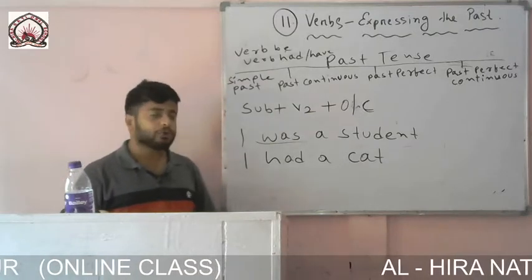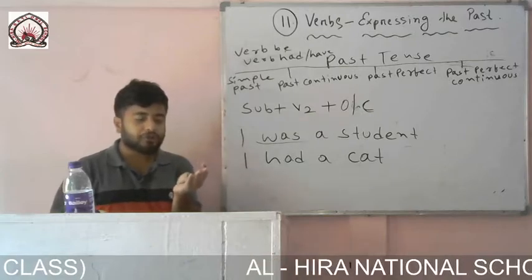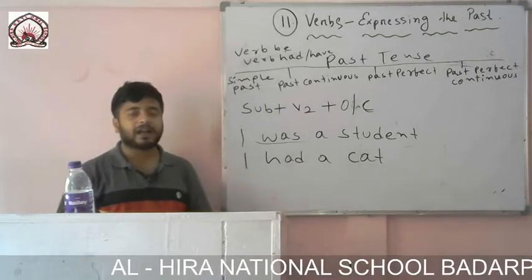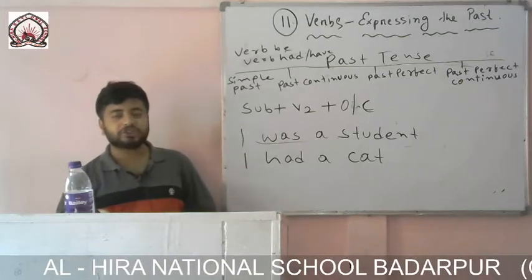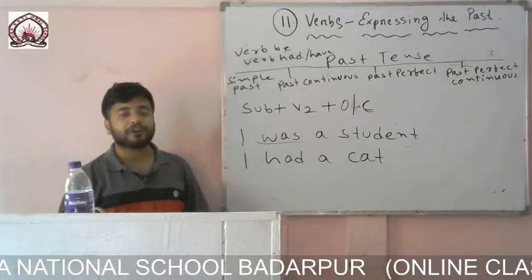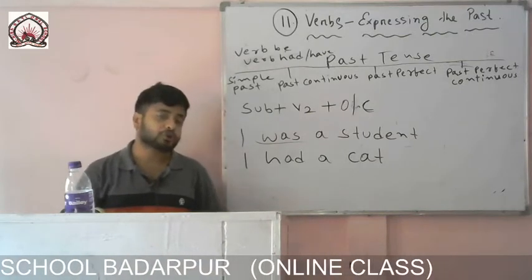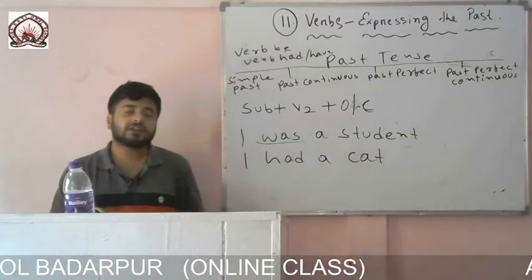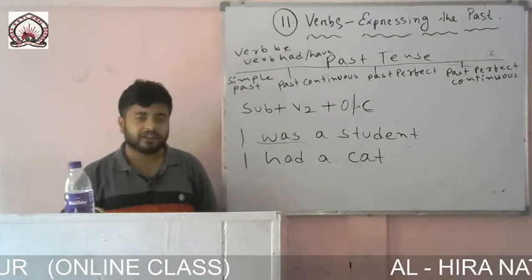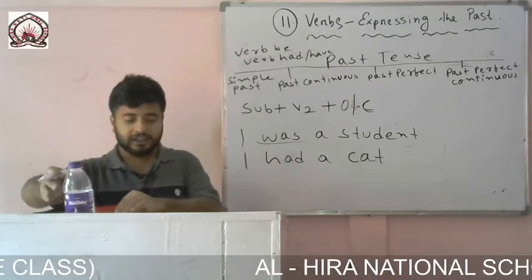And then we use was, were, had in past continuous. That means verb be and verb had or have are used in past continuous, past perfect and past perfect continuous as auxiliary verbs to form tenses.